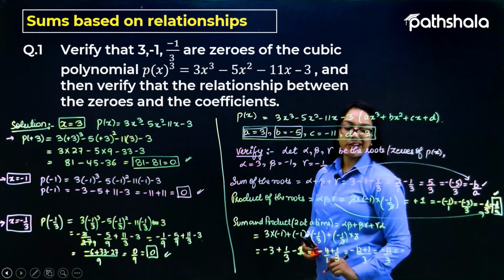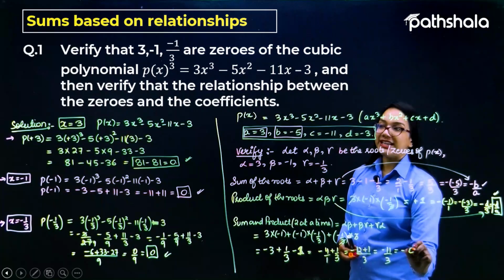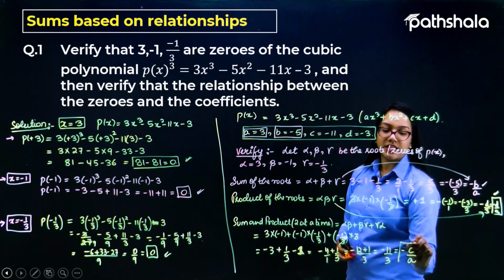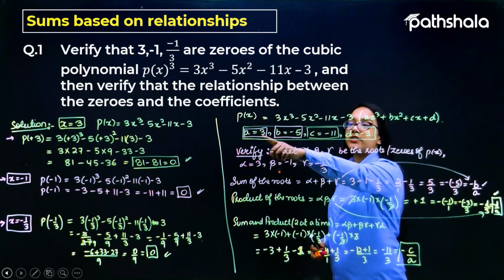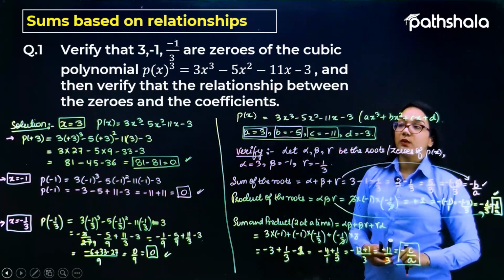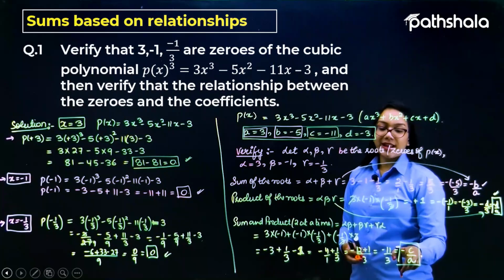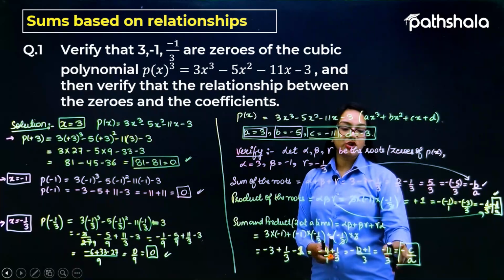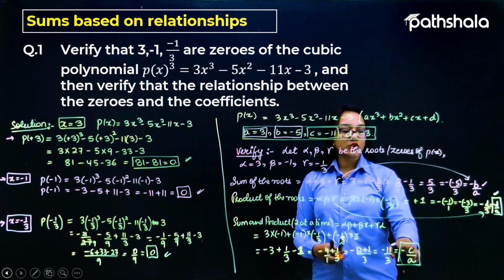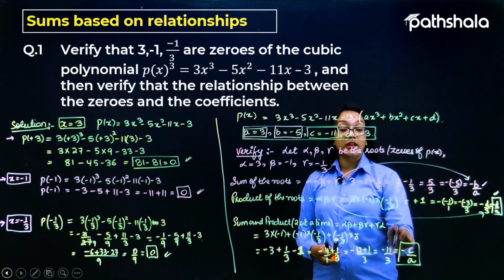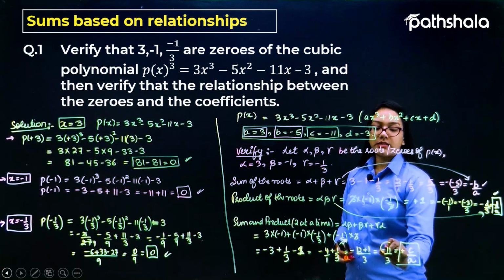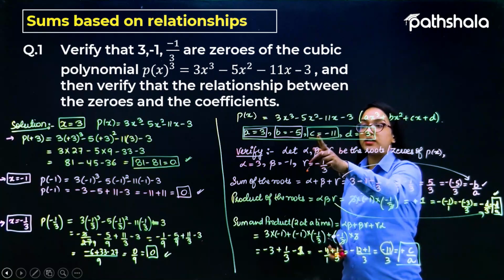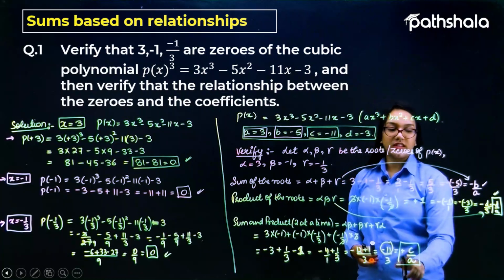So we can express it in the form of c divided by a, as the value of c is nothing but minus 11 and a is nothing but 3.